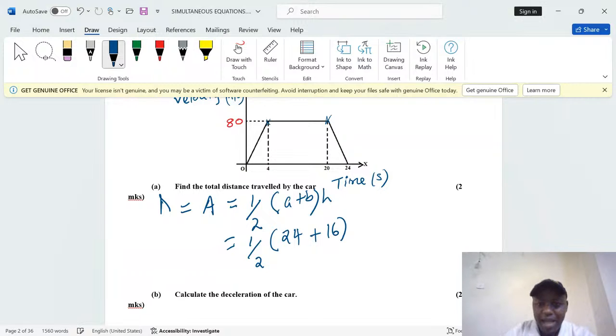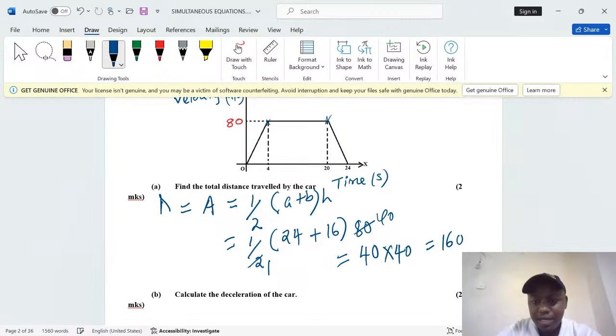Then we multiply by the height between the two. It's going to be 80. Therefore, by 2 we will have 1, and by 2, 40. So we'll be talking of 40 multiplied by 40, because 24 plus 16 is 40. So this is going to give us 1600 meters. So this is going to be the total distance covered.